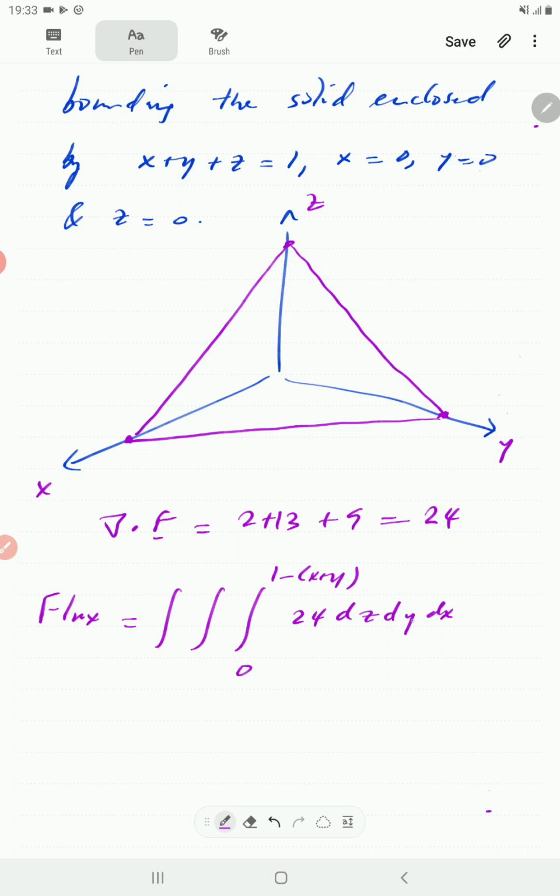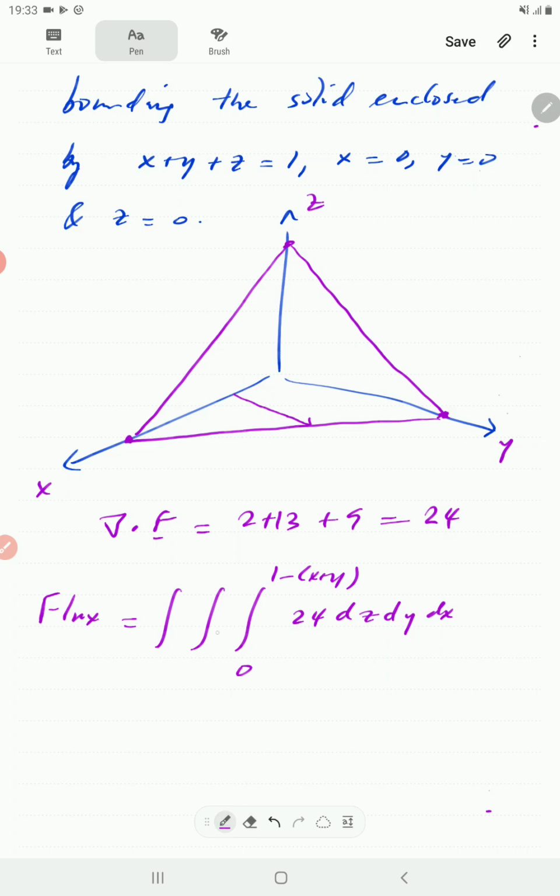Then we're going to go from y equals 0. y equals 0 is there, and then to that y there. So if we just put z equals 0 here, it's going to be 1 minus x.